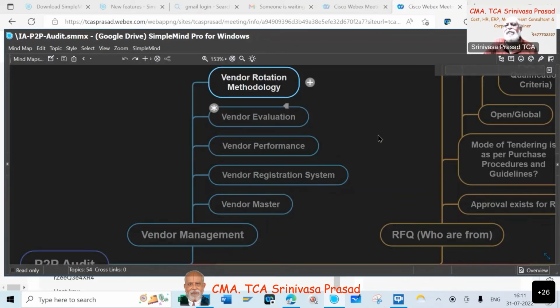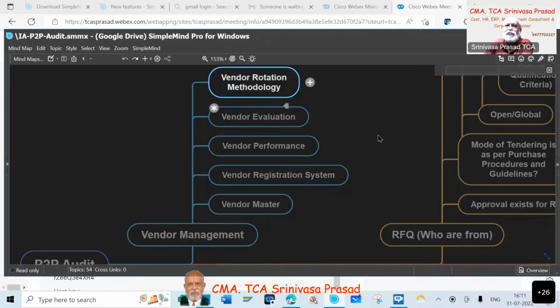But as Mr. Sastry was telling, even in the case of OEMs, we are supposed to find out whether we have an alternate source for getting the spares, if it is possible. That also we are supposed to do. If you go through the public procurement policy, you will find a lot of points on that.